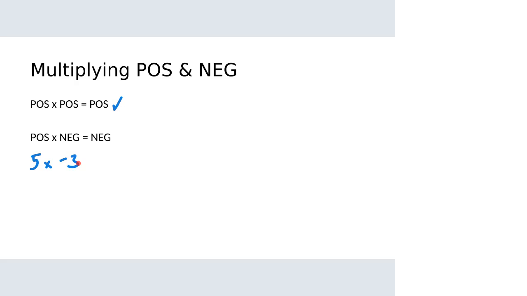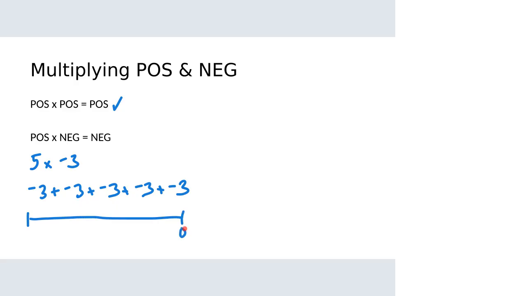One way we could look at this is as repeated addition. So instead of 5 times -3, that's -3 plus -3 plus -3 plus -3 plus -3. So I have 5 -3s. Now, adding these, you could use a number line if you'd like, and start at 0, and then we go -3.